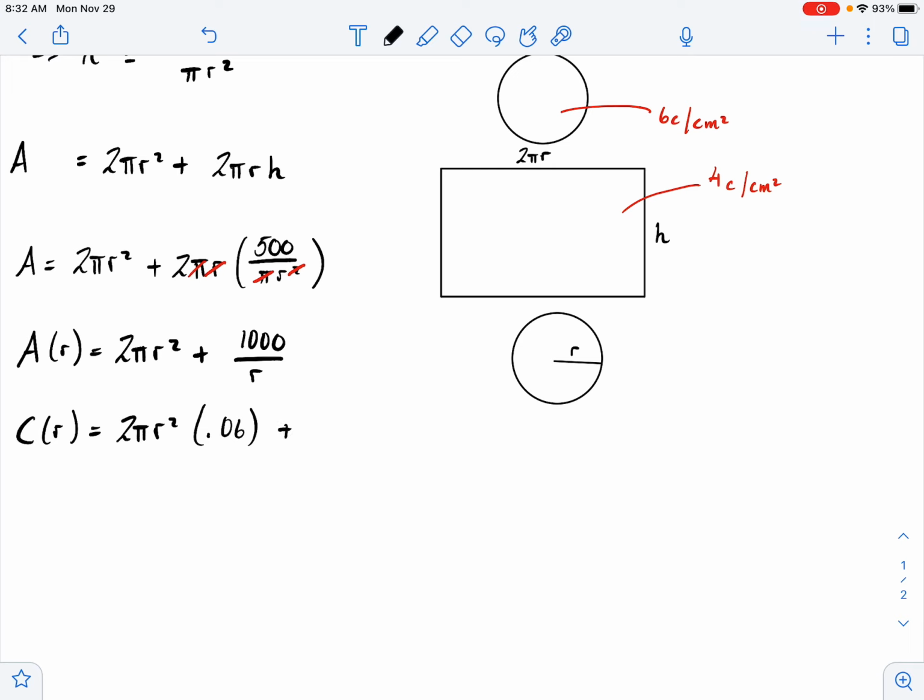Plus, I have 1,000 over r times the cost of that material, which is 4 cents, so that is times 0.04.